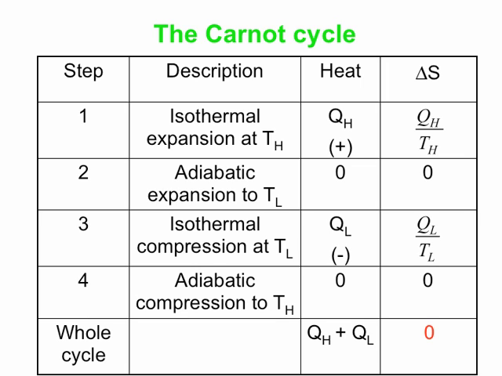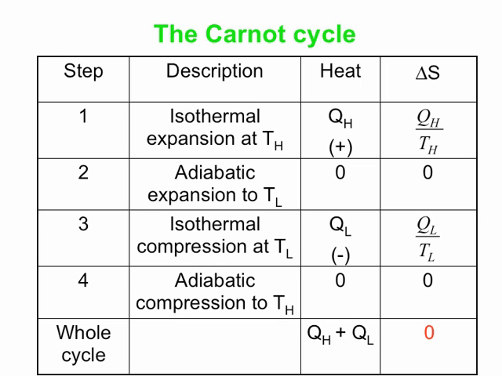And then we also have a change in entropy. Change in entropy can be determined by the heat divided by the temperature at which that heat is added or subtracted. So in this case, a nice simple calculation, QH over TH, because TH is a constant value since we're doing it isothermally, at constant temperature.